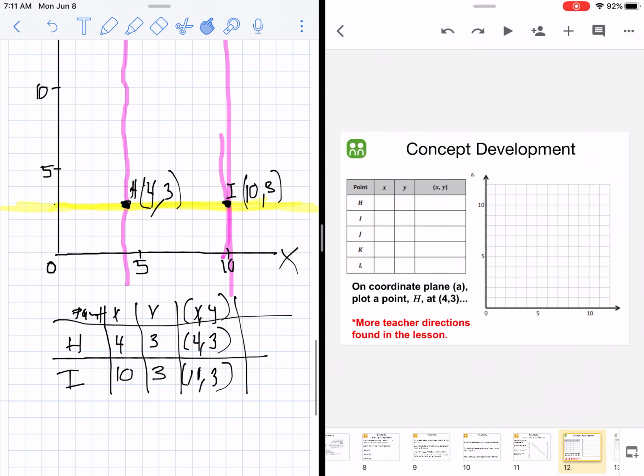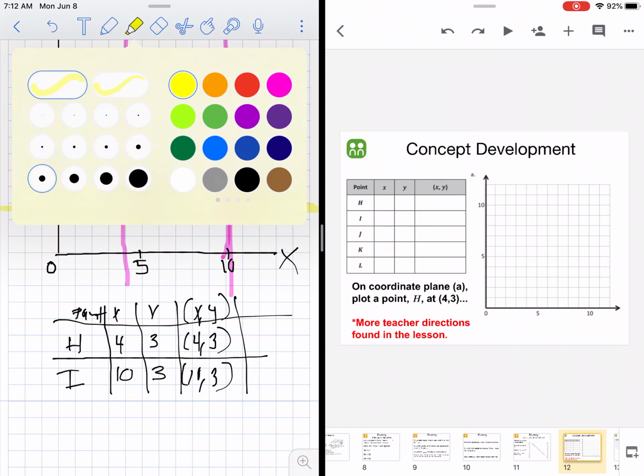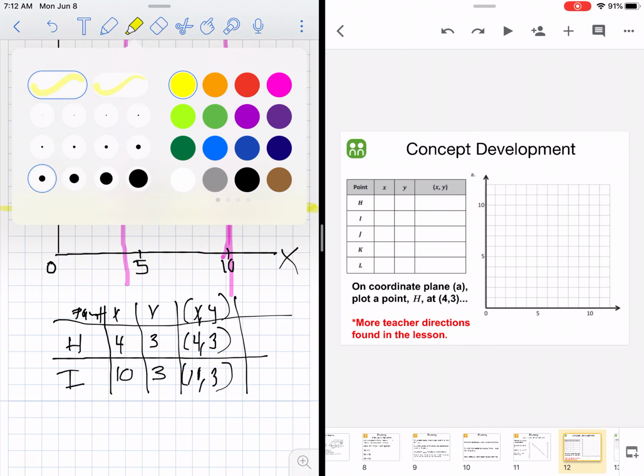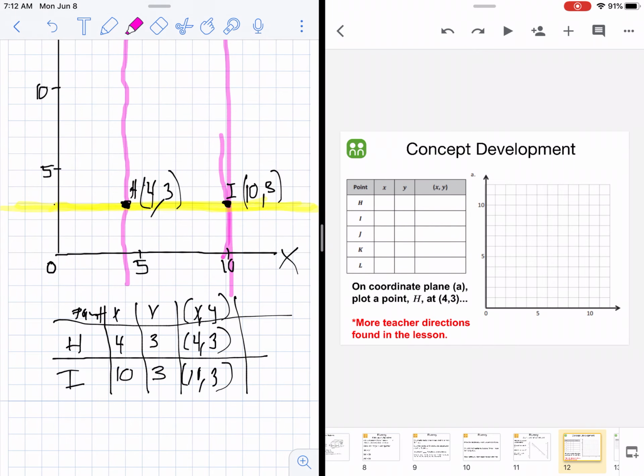All right. Our next point is going to be point J, which is 3 units from the x-axis. So that's going to be on that yellow line again. 3 units from the x-axis. And 8 units from the y-axis. So 10, 9, 8 units from the y-axis. It's going to be on this line.